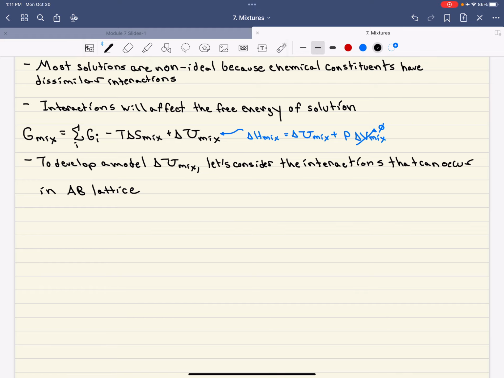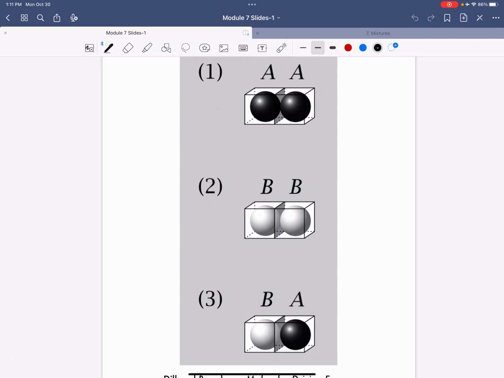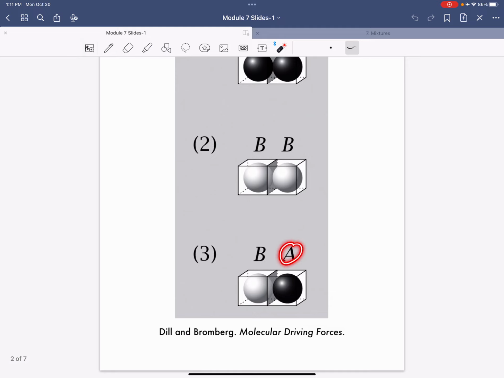Okay? And so, if we think about the A-B mixture, the types of interactions we could have are between A molecules or between B molecules, or we could have interactions between A and B molecules. Right, so we could write this one as either AB or BA. It's going to be equivalent.